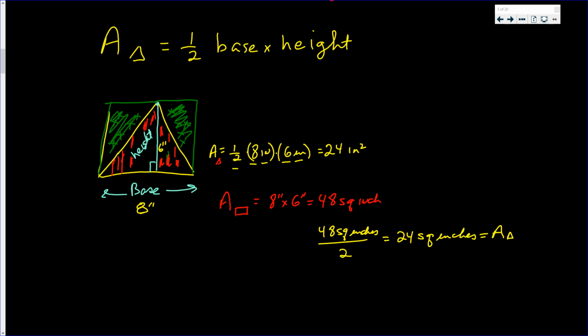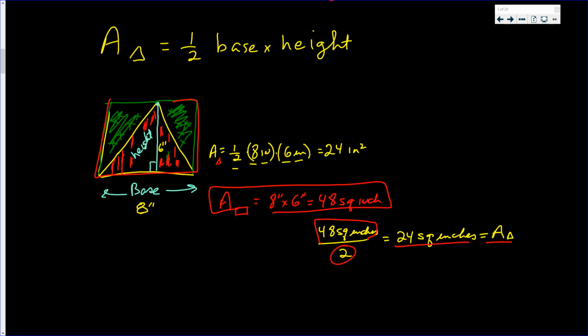If you know the area of the whole thing, 48 square inches, divided by 2, you get the area of the triangle. So yes, you can get 24 square inches from a triangle. It doesn't look possible, but it is.